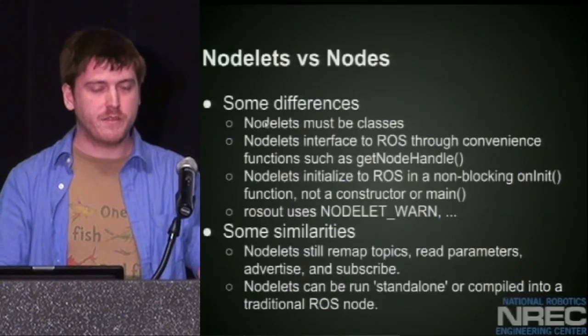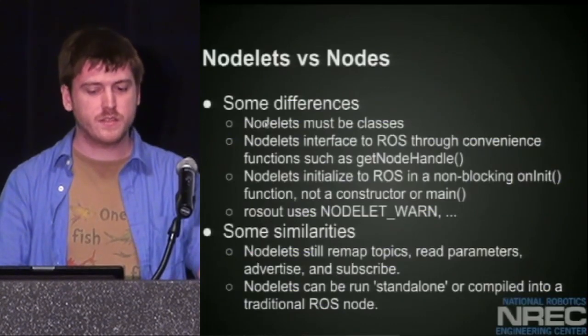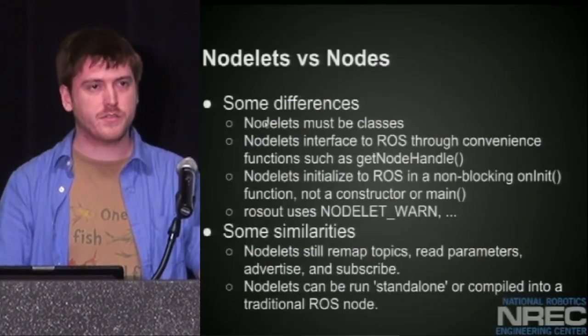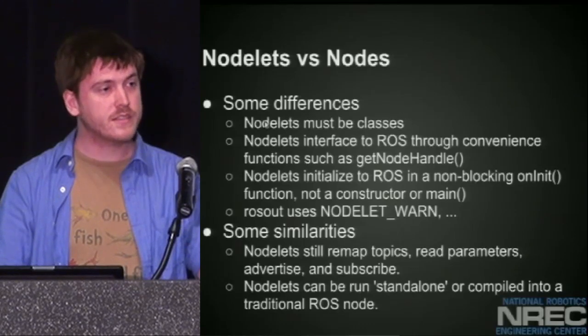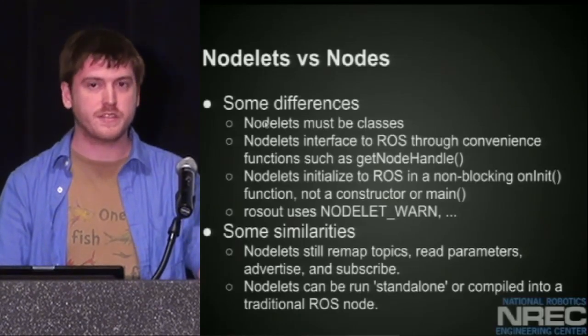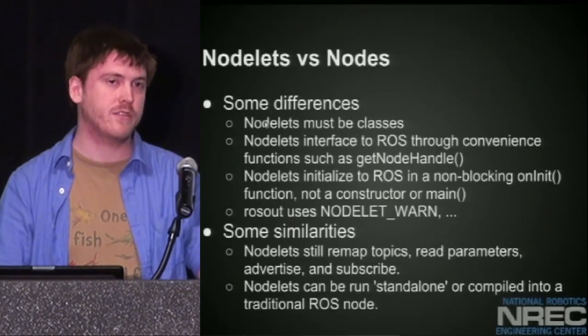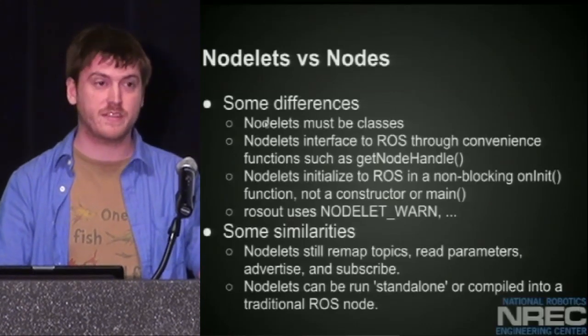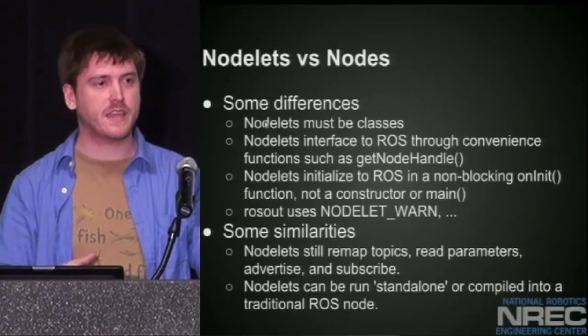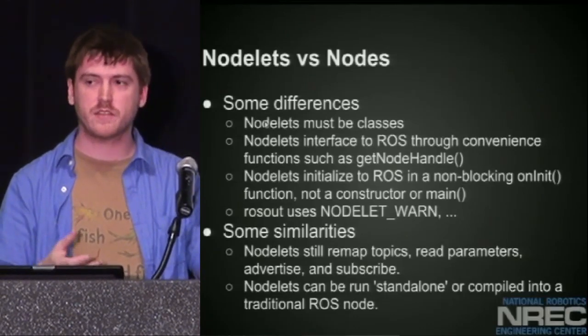There are some differences between nodelets and nodes. So nodelets must be classes, and they have a class that they inherit from. They interface through ROS through convenience functions that are very similar to, but not exactly like what you see with nodes. So for instance, instead of just creating a node handle, you call a convenience function that's get node handle, and then you're passed a node handle that's already taking care of the remappings for your specific nodelet.